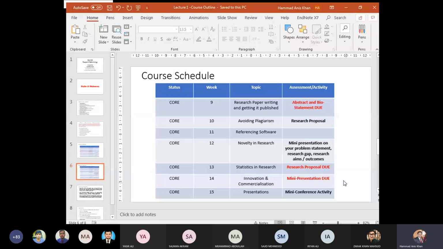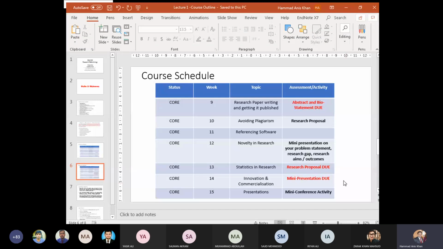If situations get normalized, then there will be a conference kind of scenario or activity in which we will involve all the departments. But if it is not, then we will do another activity.